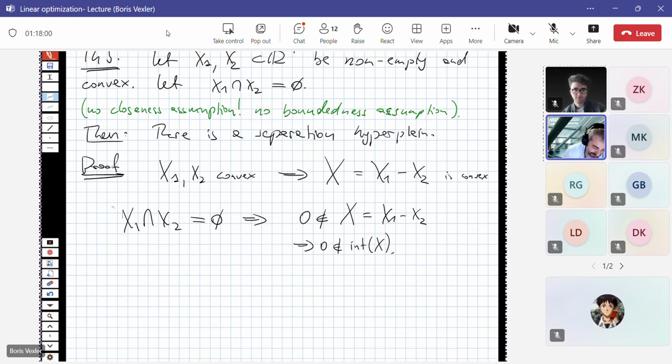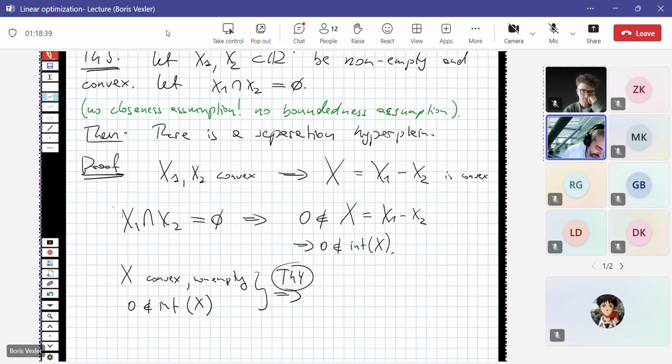Now we are in the situation X is convex, of course non-empty, and 0 is not an element of the interior of X, and this is exactly what we can apply our theorem for.